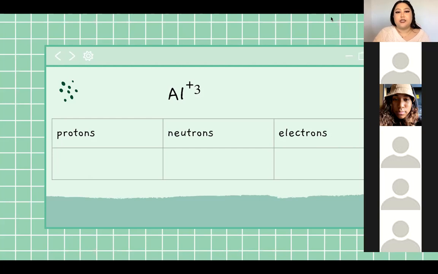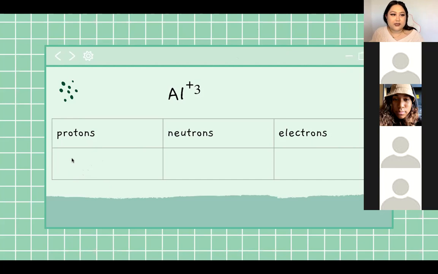So for this aluminum +3 ion, what would be the number of protons? 13, right?